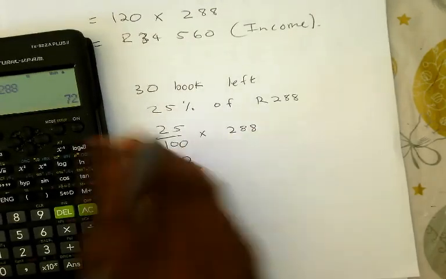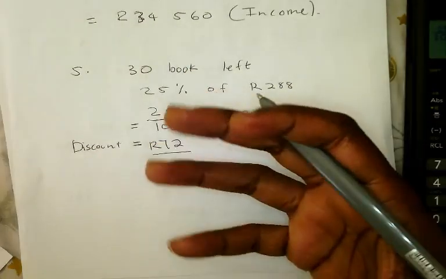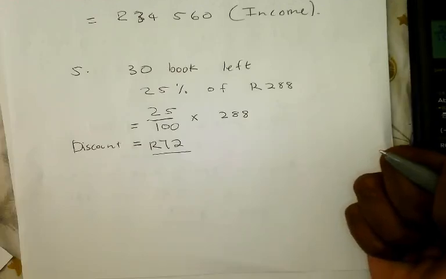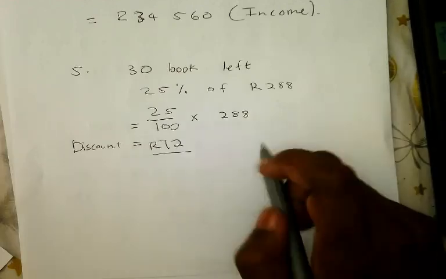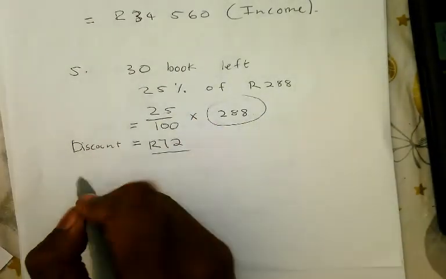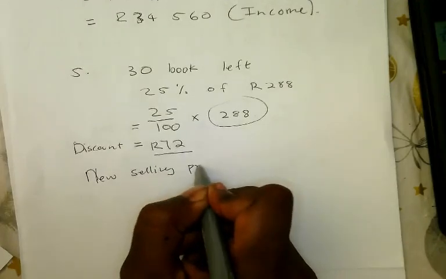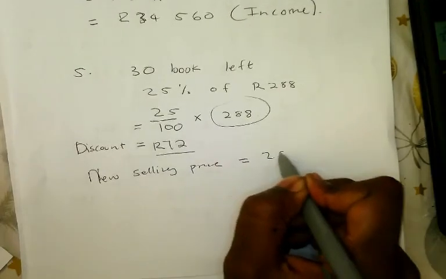So this is the money they are subtracting, the money they are removing from the original selling price. To get the new selling price, I'm going to subtract the 72.